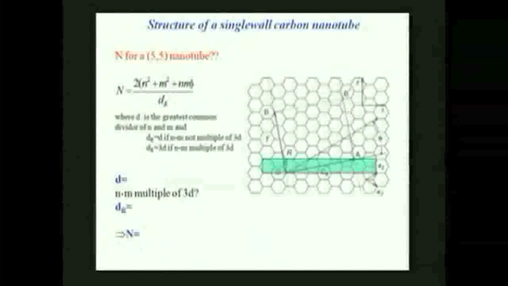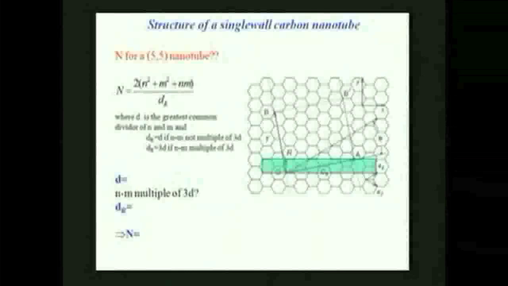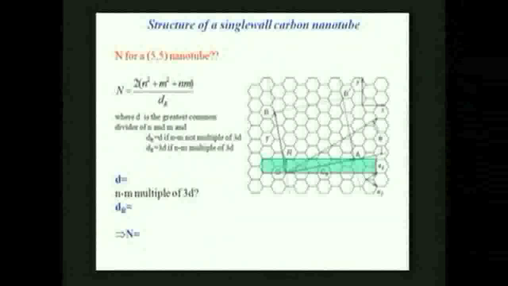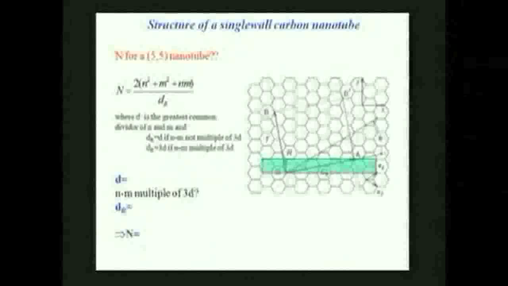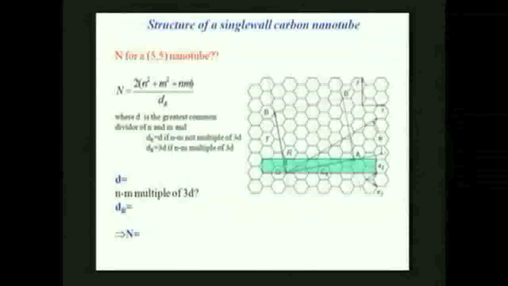So let's do the first one together, either by counting on this graph or calculating with this expression. D is defined as the greatest common divisor of n and m. For the 5,5 nanotube, what is the value of D? What is the greatest common divisor of 5 and 5?